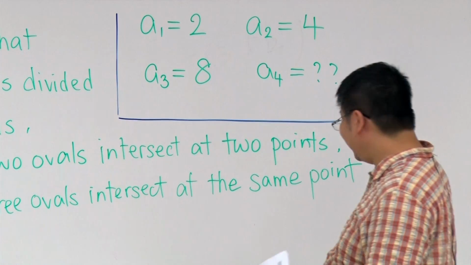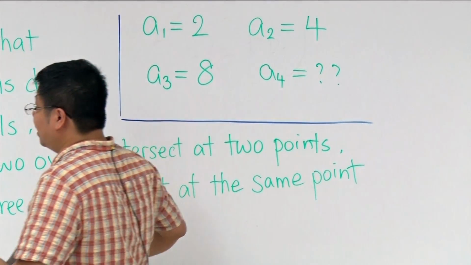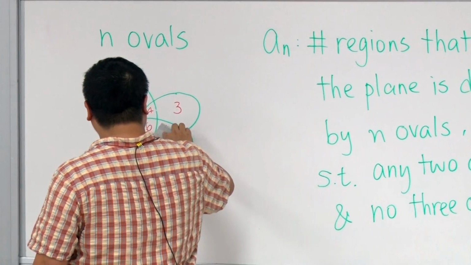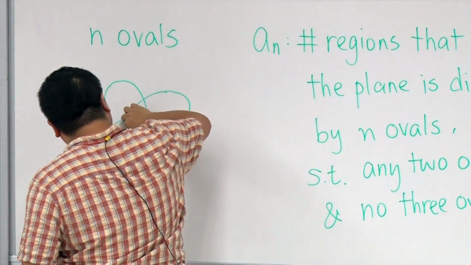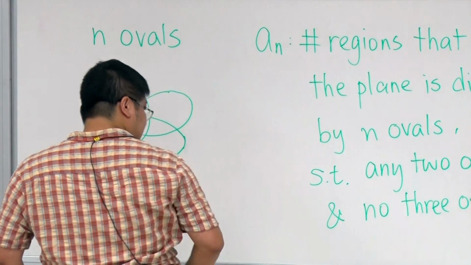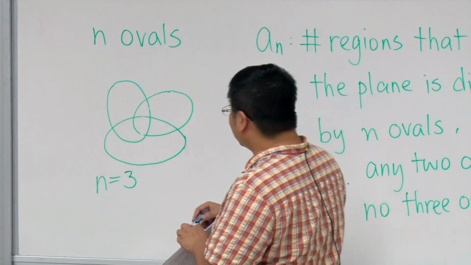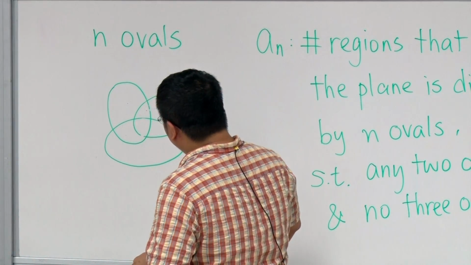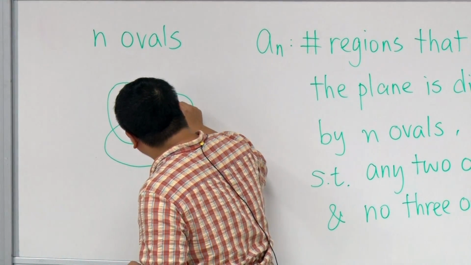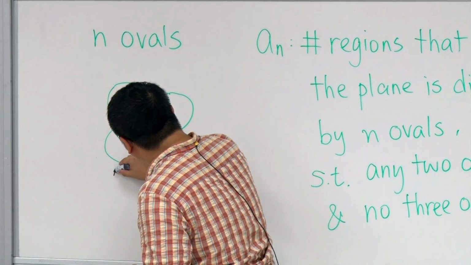Let's try. We get a fourth oval. This time let's have a black oval, just to make sure that we are intersecting every oval here. So let's have a fourth oval like this.